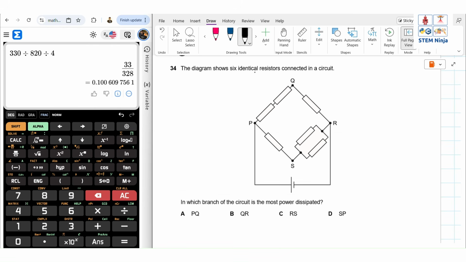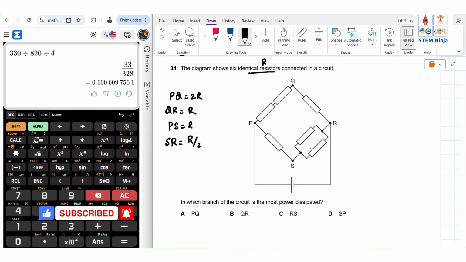So if all are identical resistors, let's call them R. So from P to Q, we will have 2R. Q to R is just simply R. P to S is just simply R. But S to R is R by 2 because they are in parallel with each other.